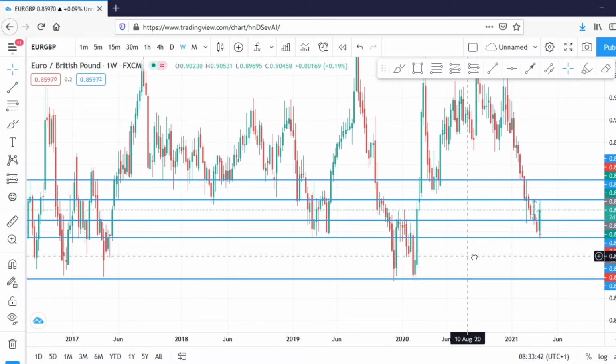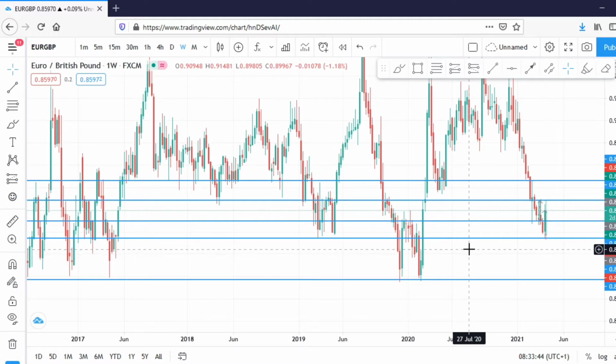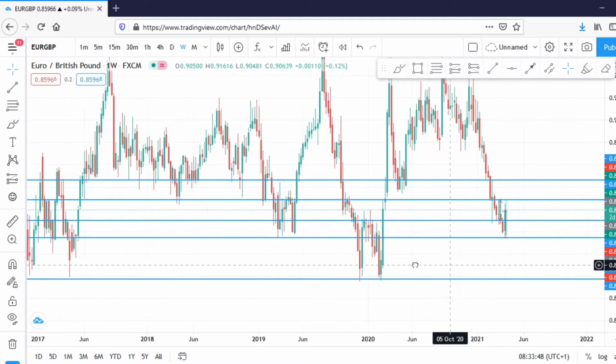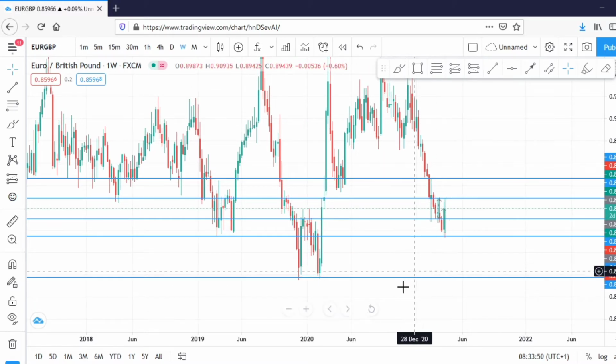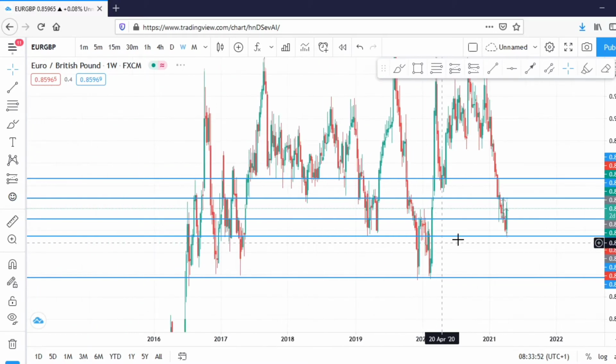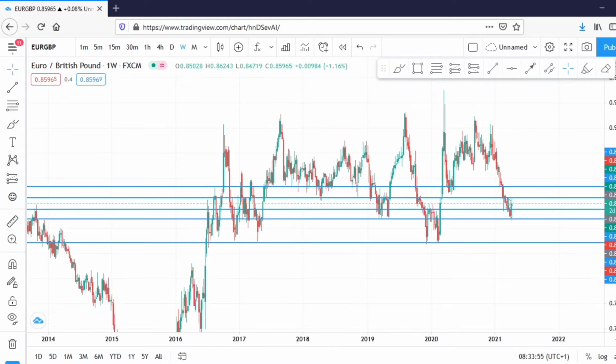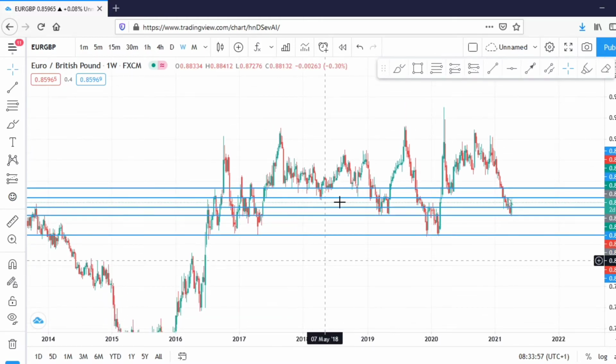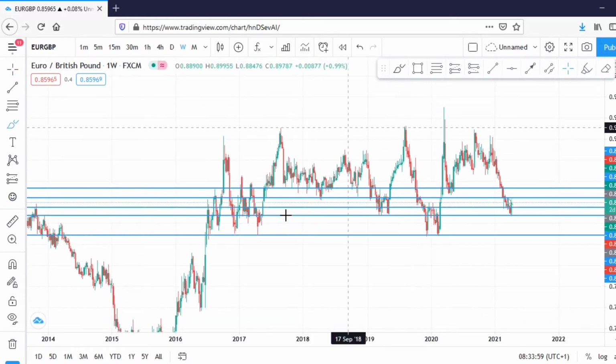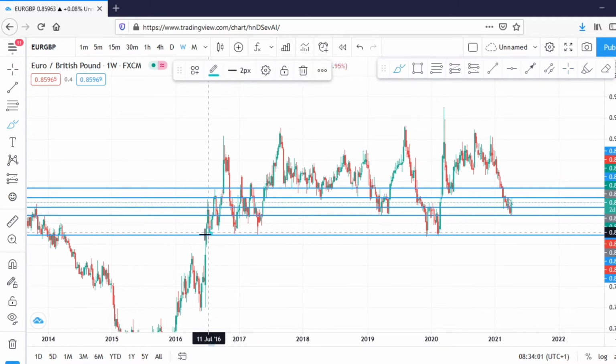From this chart, this is the Euro GBP chart. You can see this level down here is a very significant support level, as it has been tested several times. If you look at it here, here, here, and here.